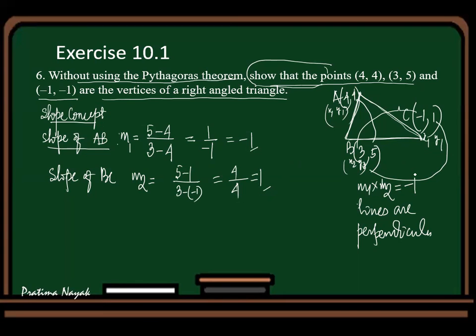Their product is minus 1. So there is no need of going for the slope of AC. If I thought they would not give minus 1, then I would go for the slope of AC. So M1 into M2 is equal to minus 1 into 1, which is minus 1. That means AB and BC are perpendicular. When they are perpendicular, which one is 90 degrees?